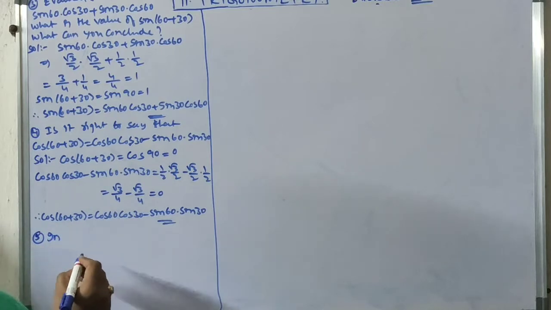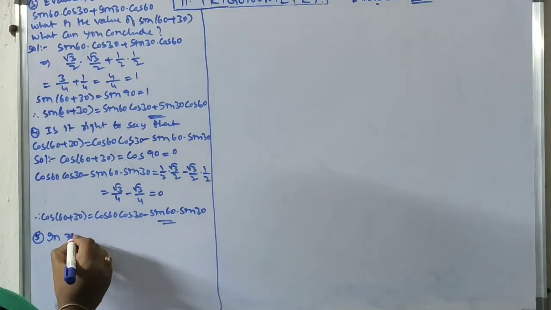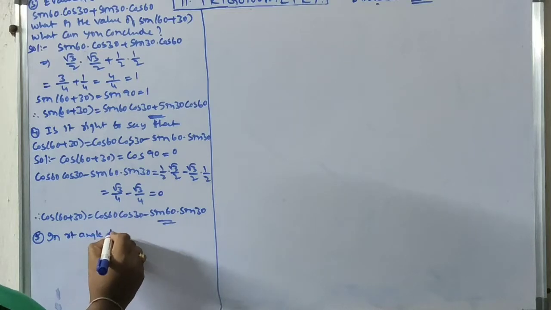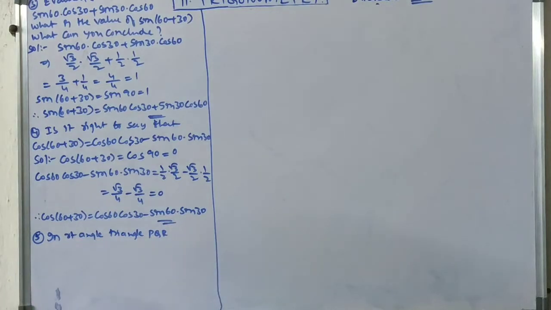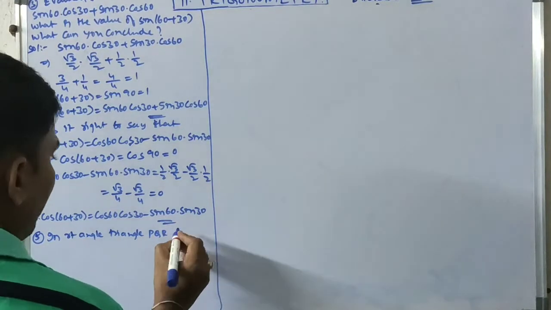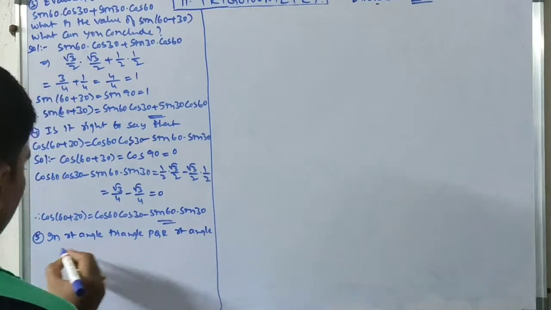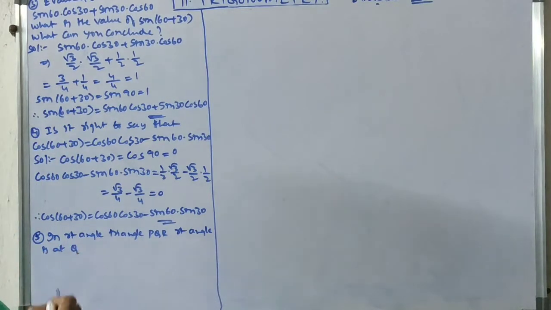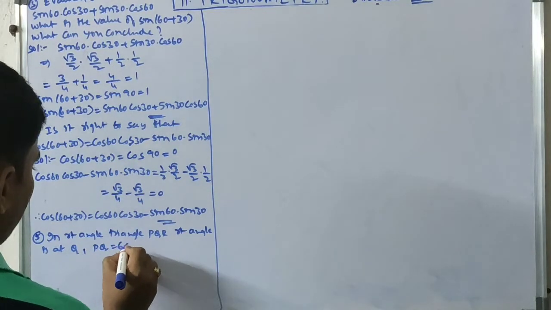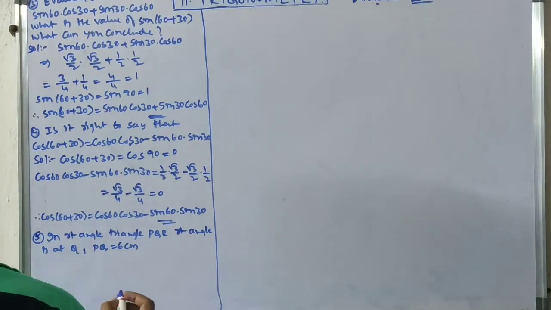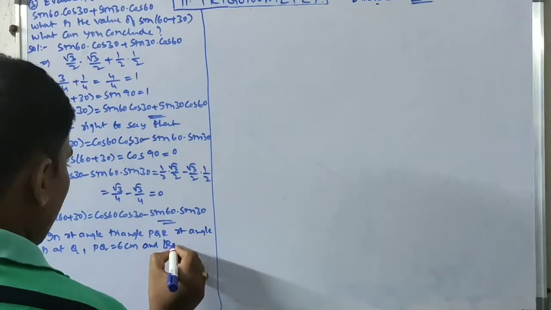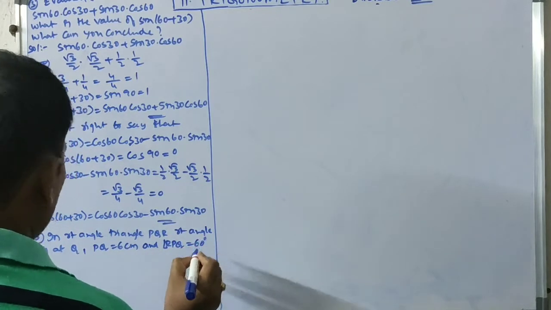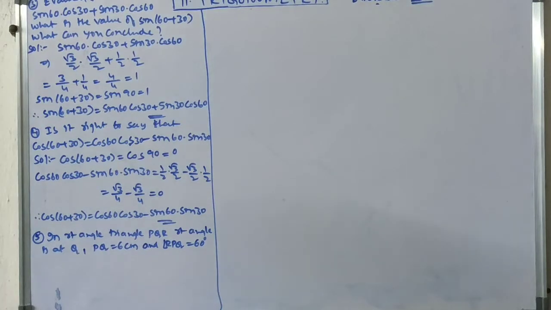In right angle triangle PQR, the right angle is at Q, PQ equals 6 centimeters, and angle RPQ equals 60 degrees.